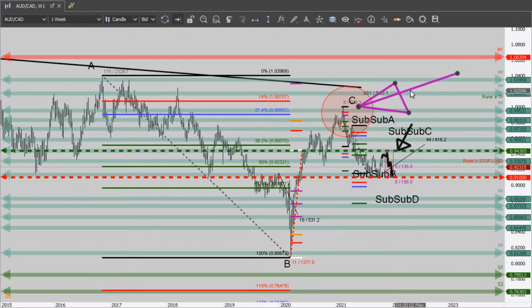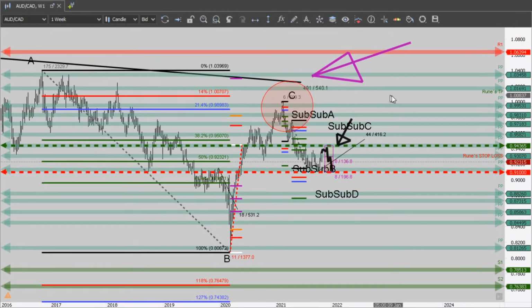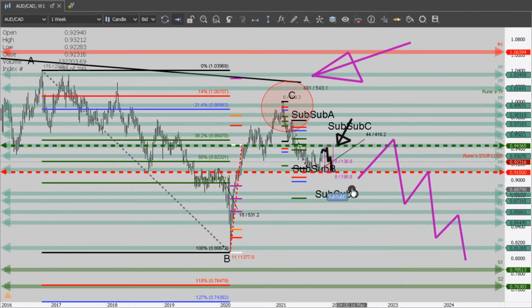Yes or no? And again, if the answer is yes, then our C's are aligned. We have an 80% chance that the market is going to fall long term.